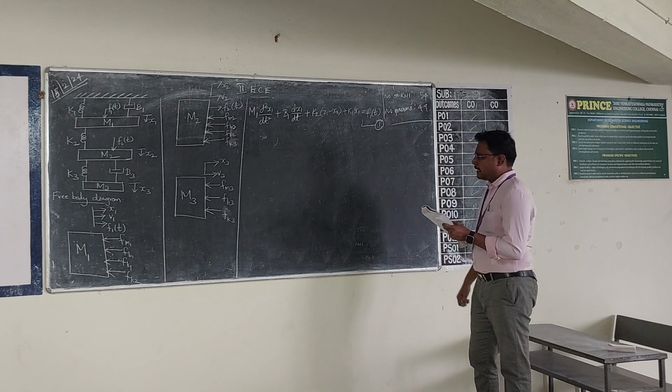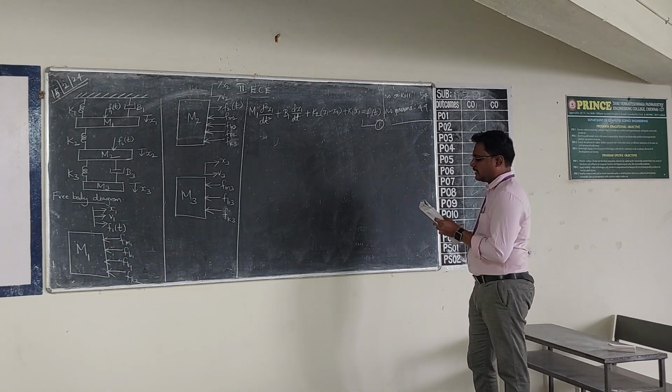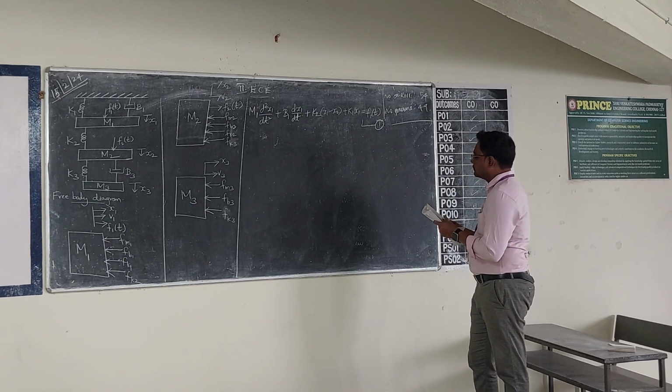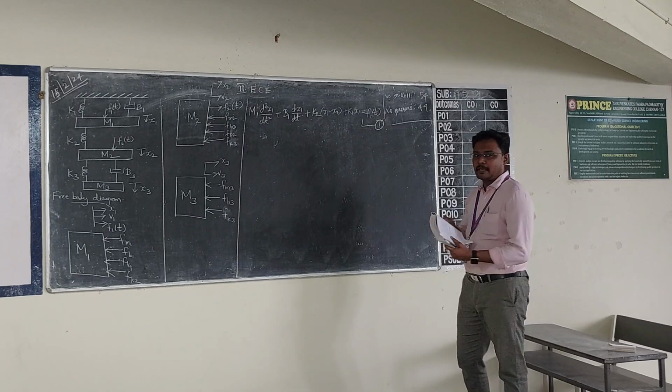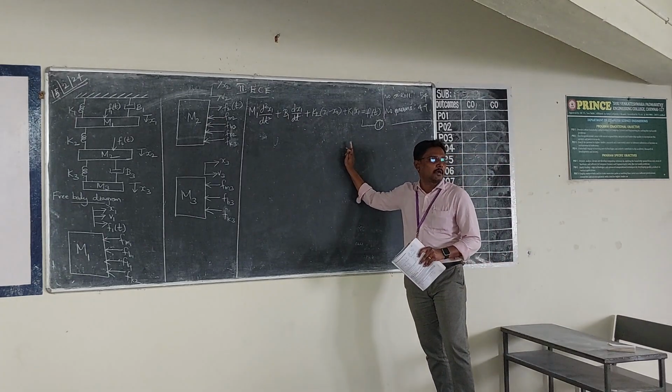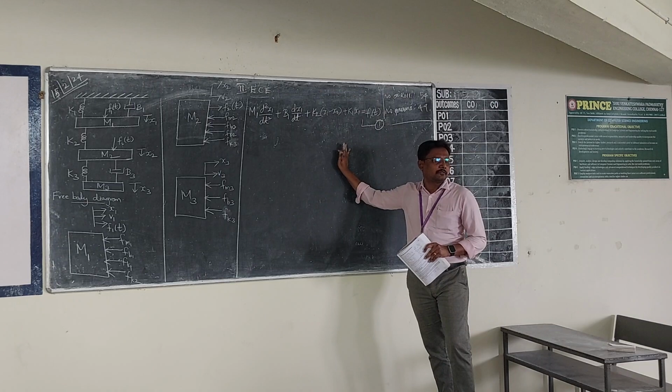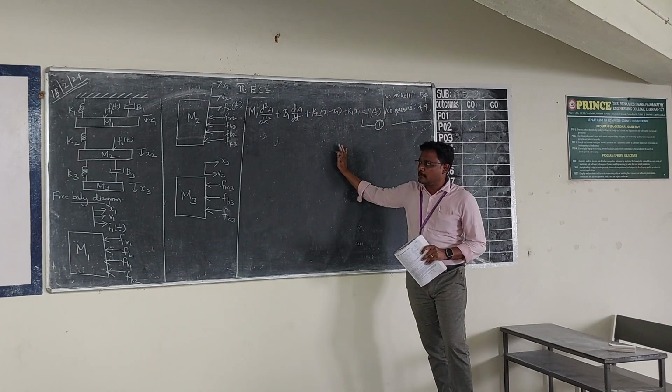M1 D squared X1 plus B1 (X1 minus X2) plus K2 (X1 minus X3) plus K1 X1 equals F1. This is equation 1, corresponding to the free body diagram of M1.